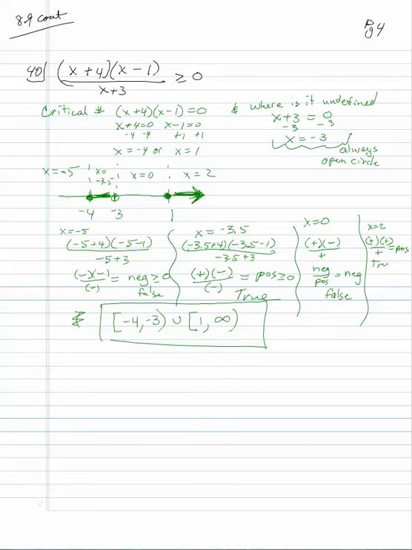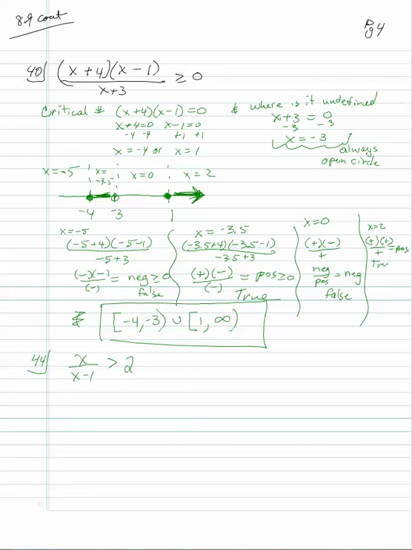Okay, and then the last one, let's try number 44. And this one, x over x minus 1 is greater than 2. Now there's 2 techniques you can use here.